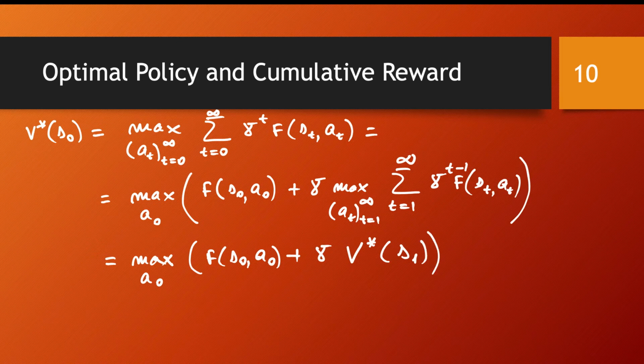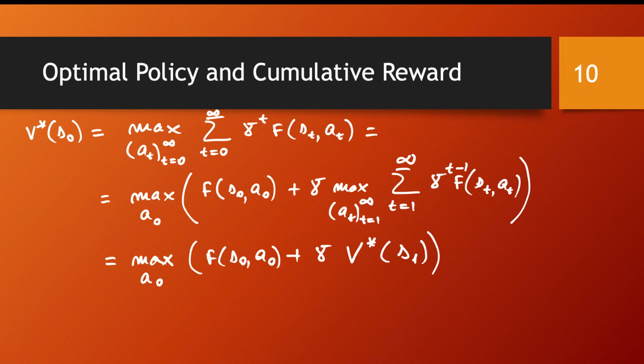So what we get here is a decomposition of this optimal policy. This is a matter of optimizing the first step, and then that first step is going to take us to a new state S1, and then again it's going to be a matter of optimizing further. So we have this sort of decomposition which is typical to dynamic programming approaches in optimization.